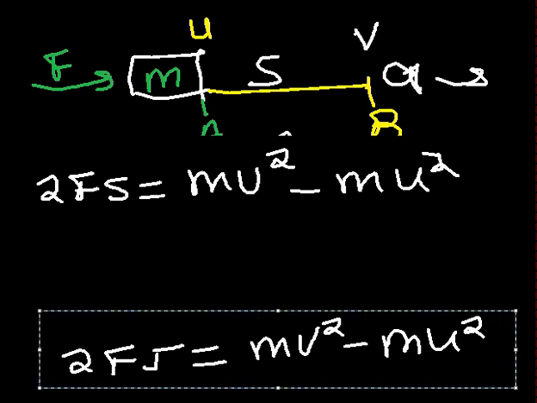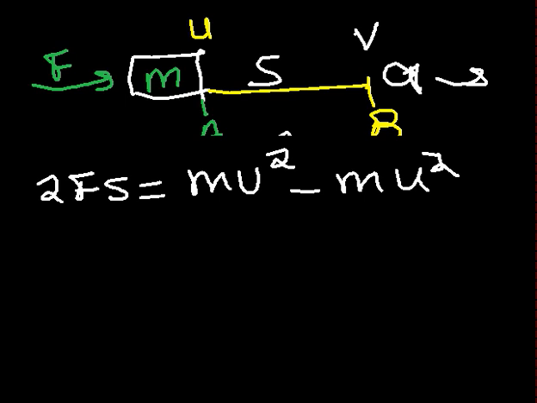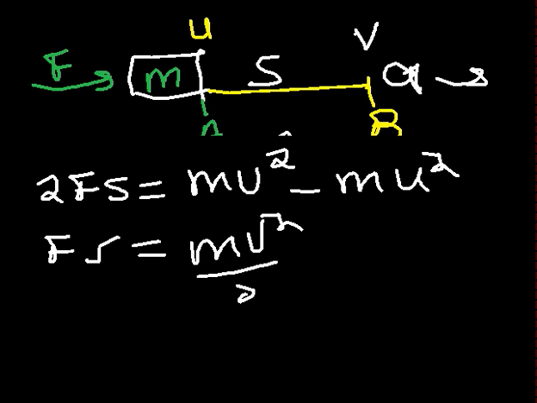So in this case, we'll have fs, which is equal to mv square divided by 2, minus mu square divided by 2.